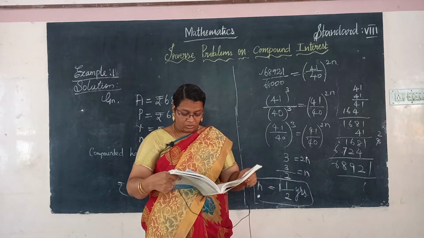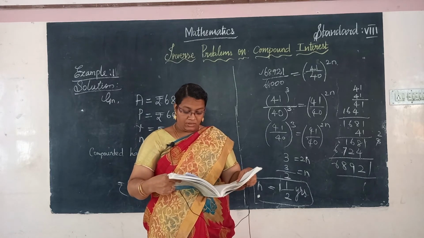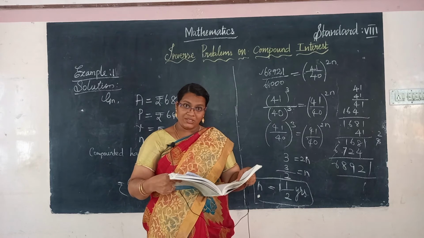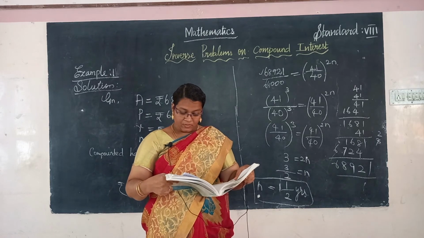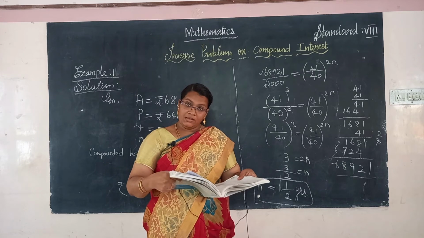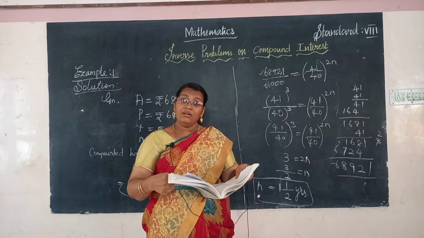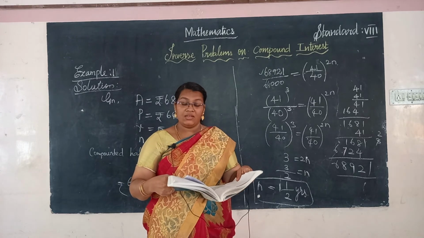So two different banks, but the deposited amounts are equal. One in simple interest, another one in compound interest, but both for the same years.